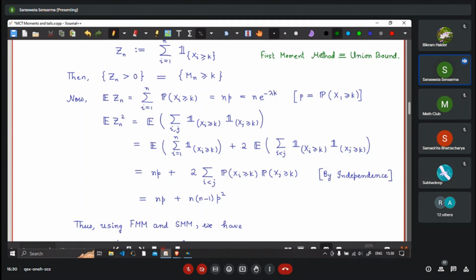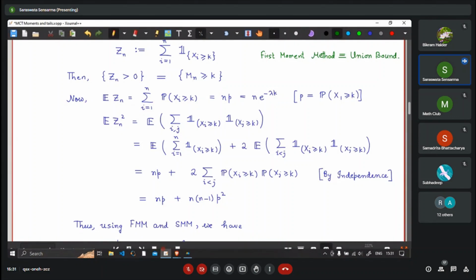The first one is again just like before, it's np. For the second one, the expectation goes inside. However, here is the crucial part: Xi and Xj being greater than or equal to k are independent events, since they are independent random variables. So the expectation splits up, and by independence you have two separate probabilities.